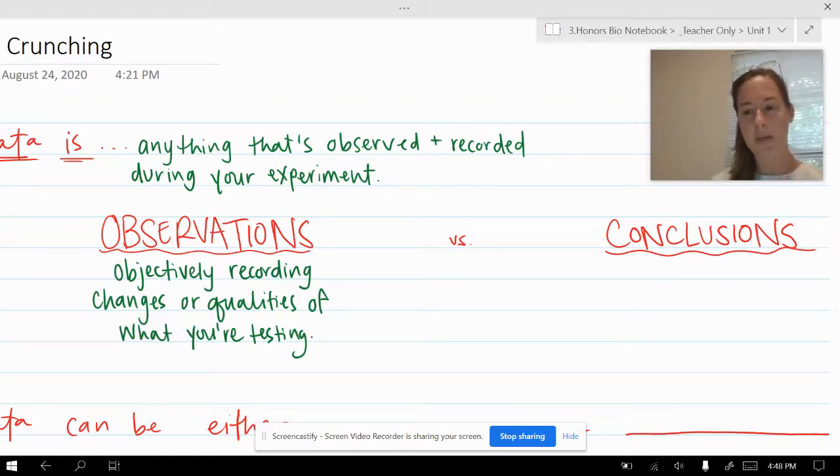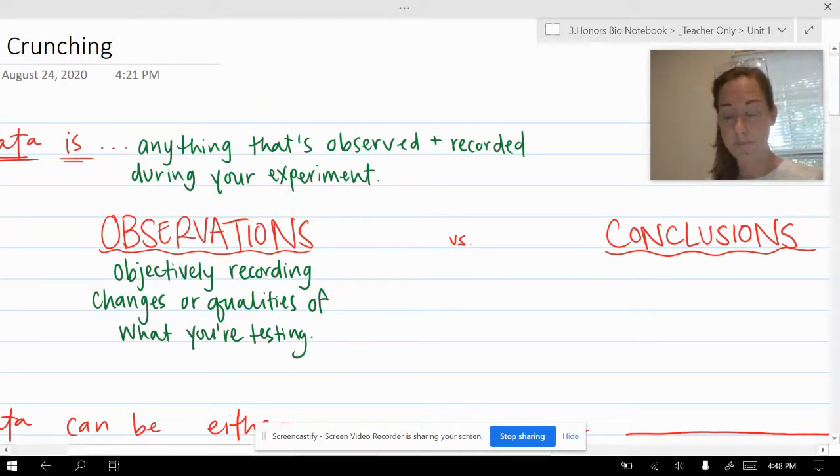So that would be more of a conclusion that you would need to support with your data or with your observations, which would be the actual number measurement of your plant. When you're doing this, just think about, would someone else say the exact same thing, or would someone else be able to argue with me about whether this is true? If they could not argue with you about it, then it's probably an observation.